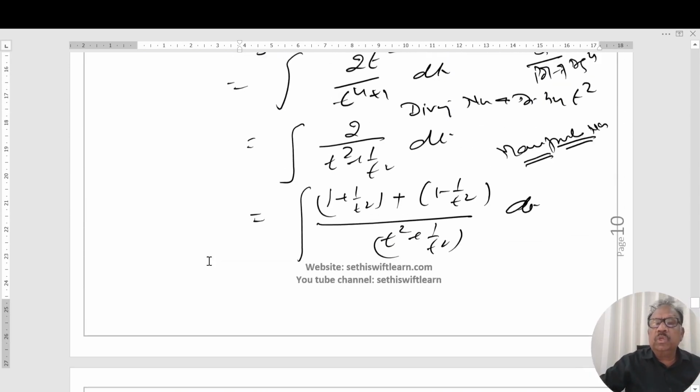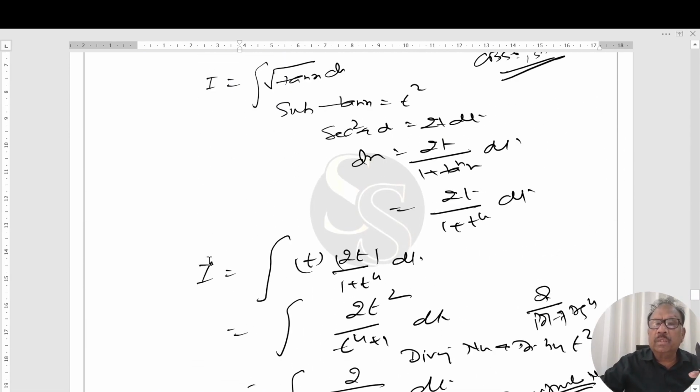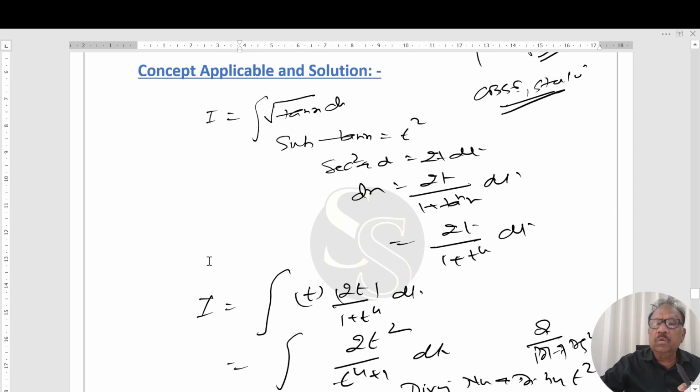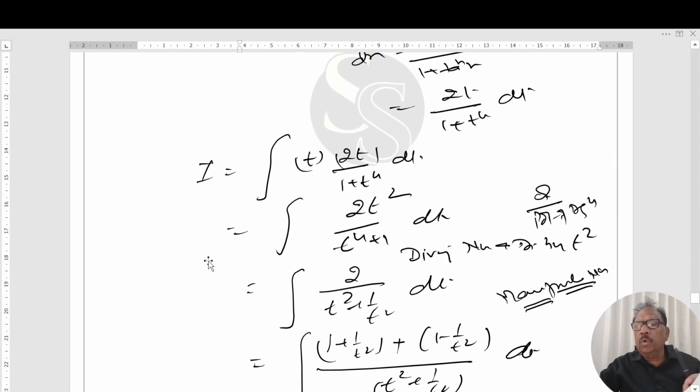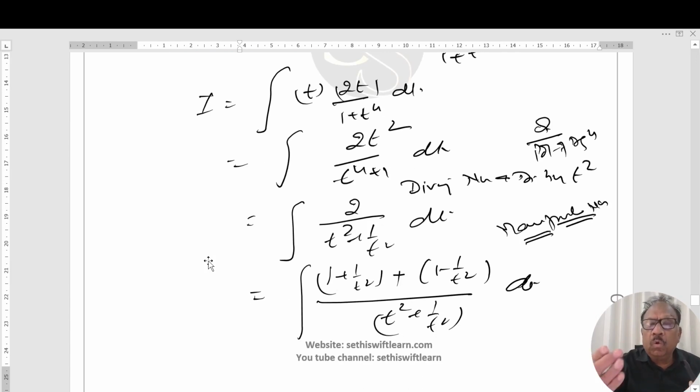Now, the question is integral of root tan x. Put tan x equal to t square. On simplification, we get a quadratic over a polynomial of degree 4. Dividing numerator and denominator by t square. Alright, this is clear.